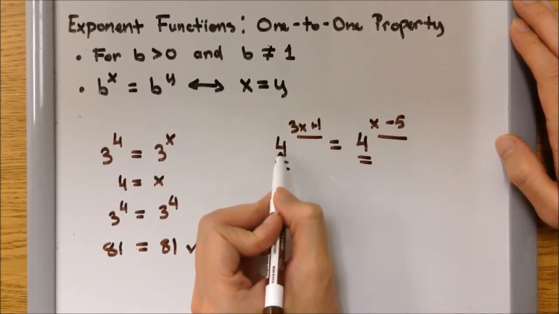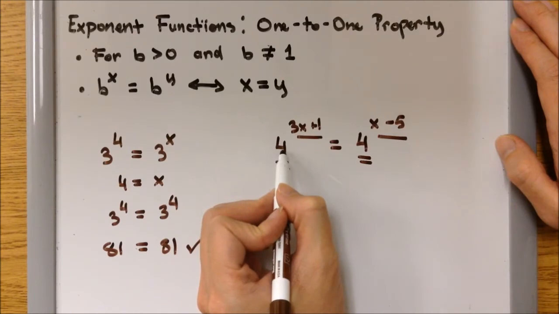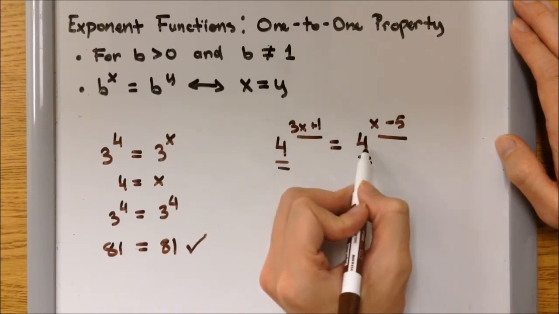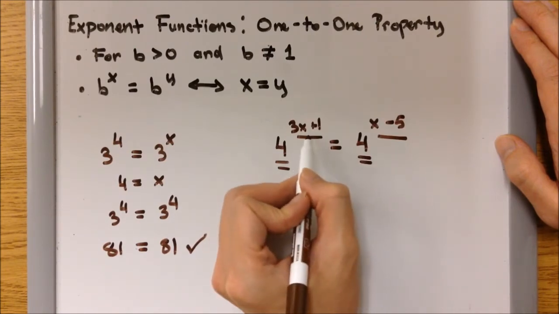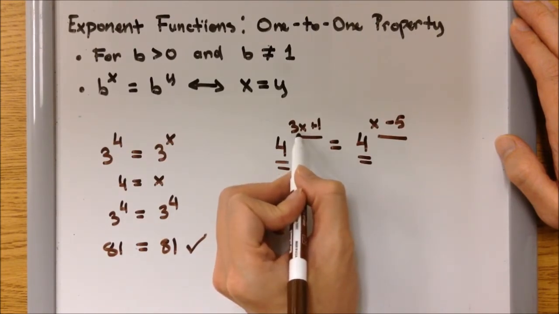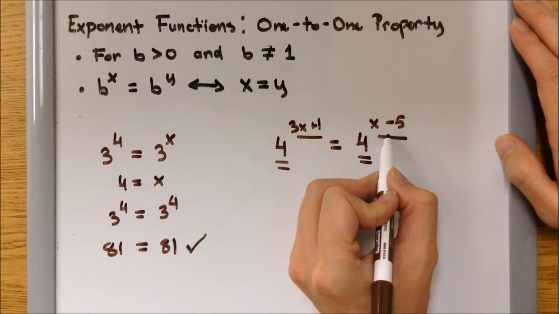Let me rephrase: if the base on the left side is equal to the base on the right side, or vice versa, then the exponent on the left side is equal to the exponent on the right side.